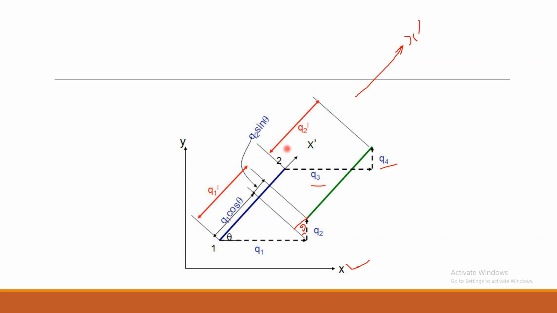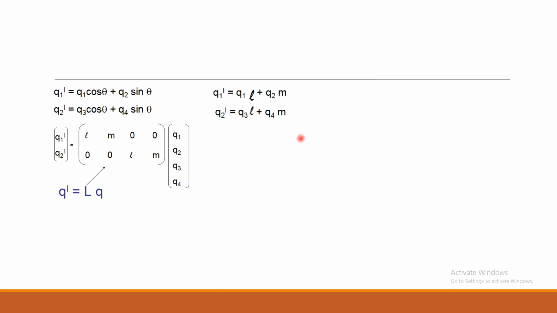So like that I can represent q1 dash and q2 dash. In terms of equations, we translate them by replacing l is equal to cos theta, and m is equal to sin theta. Then the equations become q1 l plus q2 m, q3 l plus q4 m.